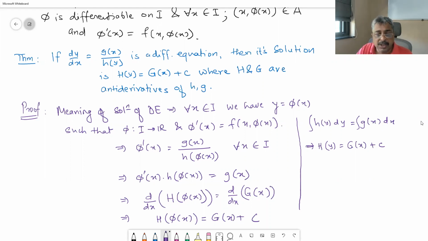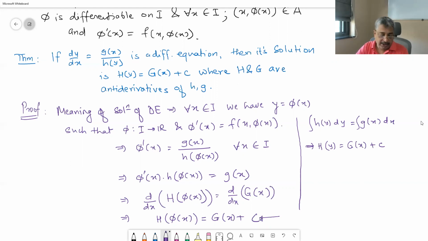So with this explanation of the meaning of solution of differential equation, it is just a cross multiplication, and the chain rule is applied here, and therefore I can always say that it is d dx of capital H of phi of x, and then integrating both sides with respect to x, you get rid of this derivative sign and you get a constant of integration.